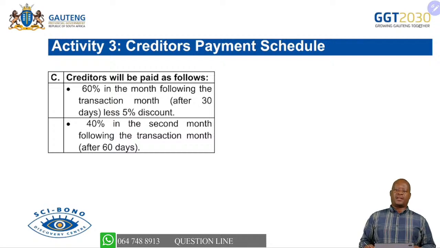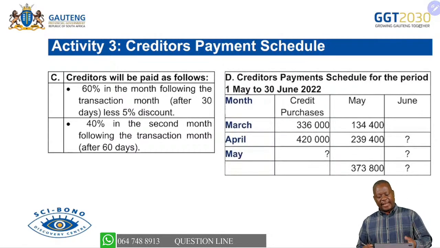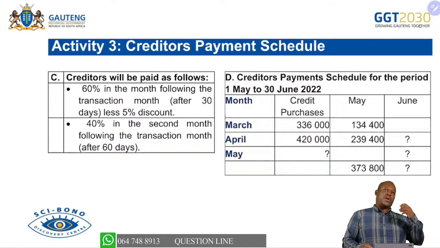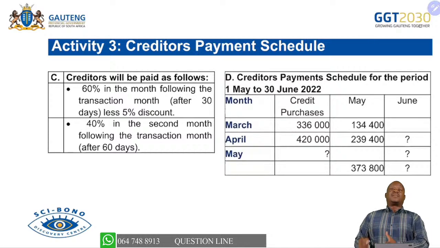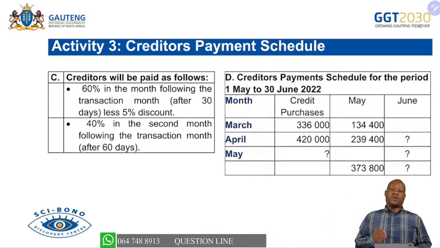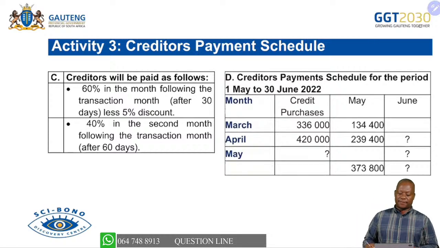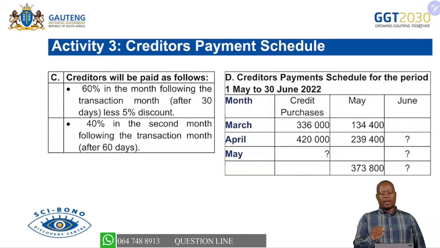And then 40% in the second month following the transaction month. So it means if we purchase in January, 60% we pay in February and the 40% we pay in March. We skip a month in between before we pay the 40%. And then the creditor's payment schedule for the period May to June.